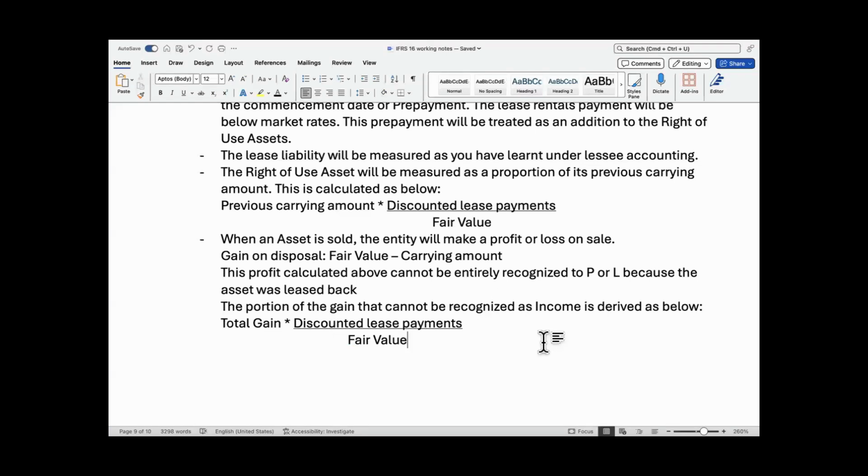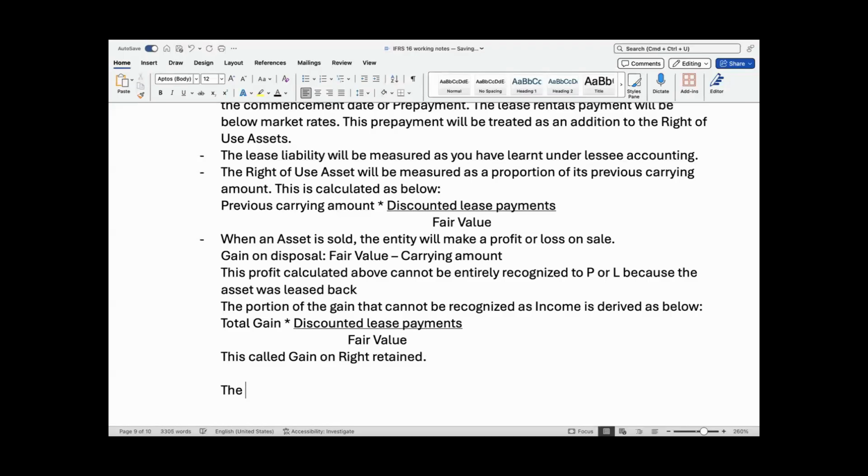So we call this gain on rights retained.